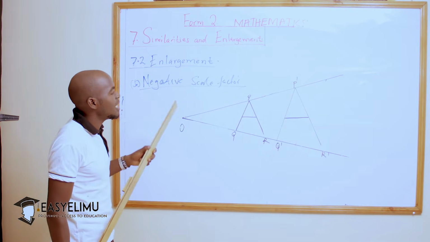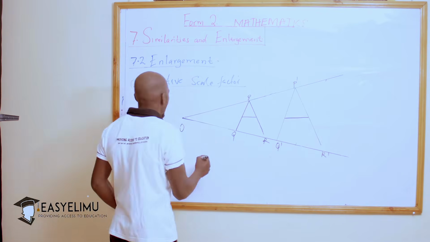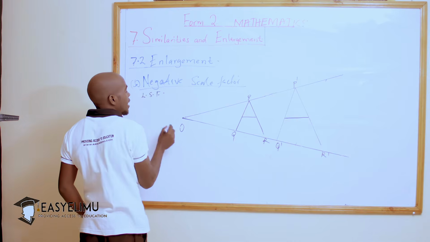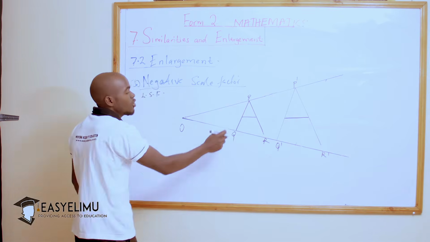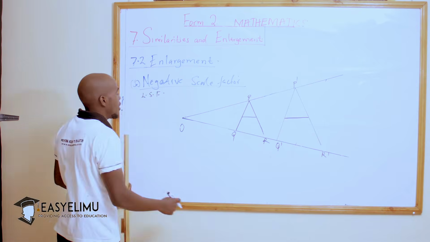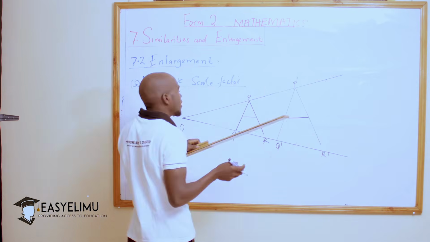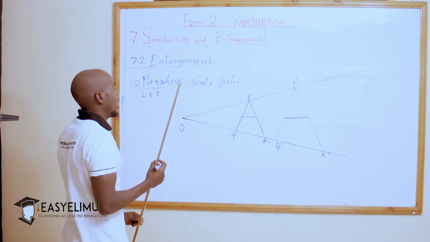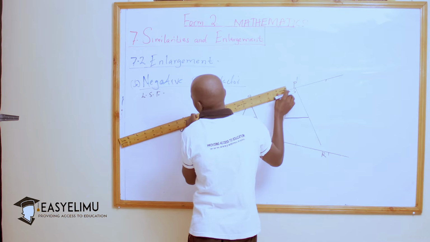But if the linear scale factor is given and it is negative, for example, we use a negative linear scale factor, then this object, or that given image, will now be turned in that the negative scale factor will take it to the other side through the center of enlargement. So it will be on the other side of the center.